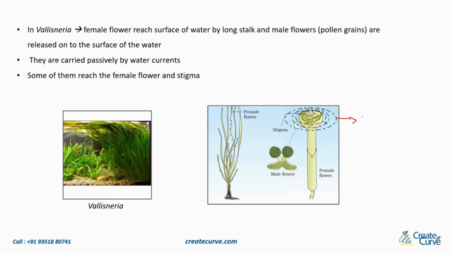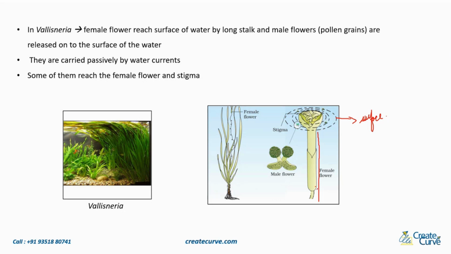Now it has a long stalk. This entire thing is the stalk of the flower, so this will be under the water, whereas the flower over here will reach above the surface of the water. This is the female flower, by the way.